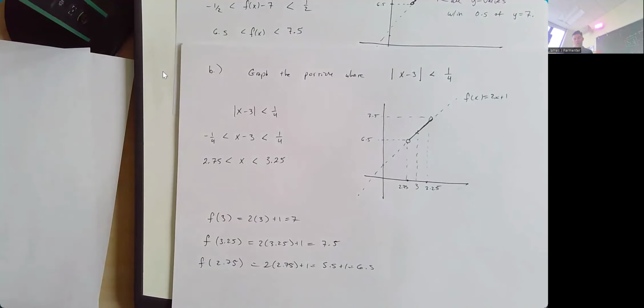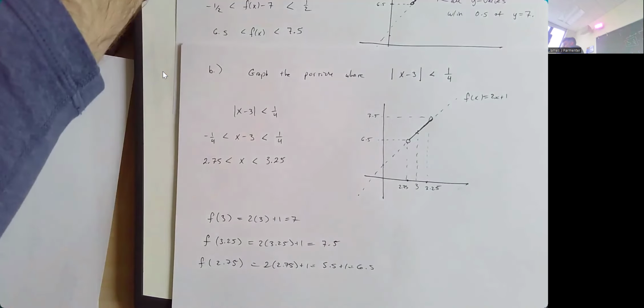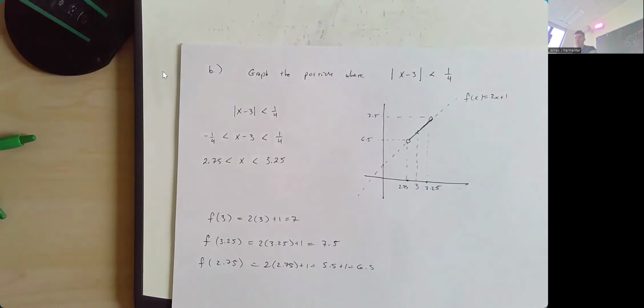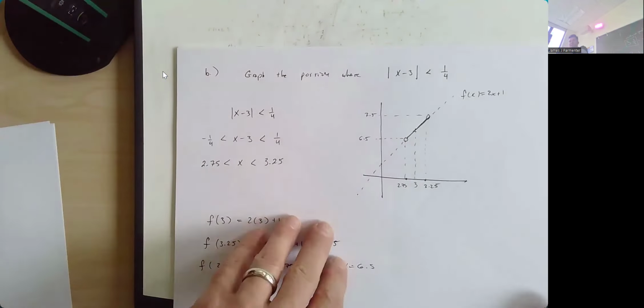Now, what if we wanted to instead make how far we were from 7 a little bit smaller? Right, instead of saying I want to be within 1/2 of 7 on either side, I want to be within, say, I don't know, 1/10.